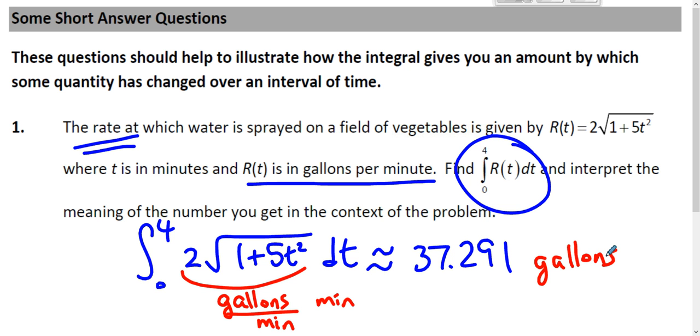What does this mean? In context, it means that in the first 4 minutes, 37 gallons of water were sprayed on the field of vegetables.